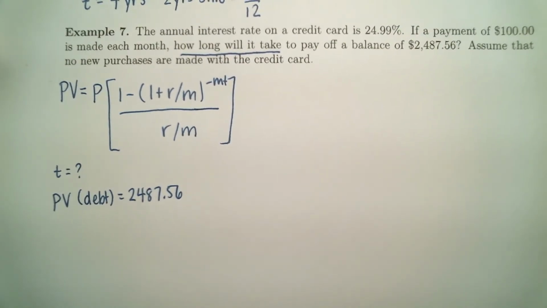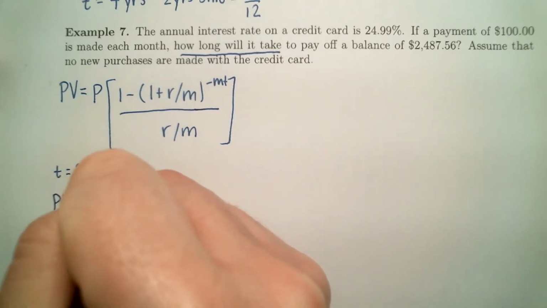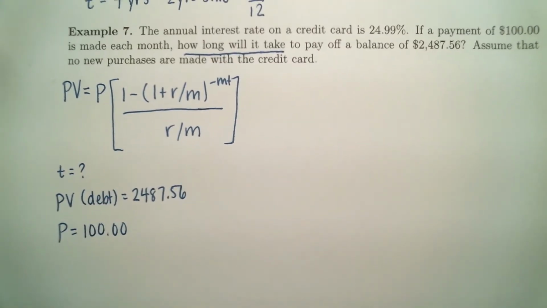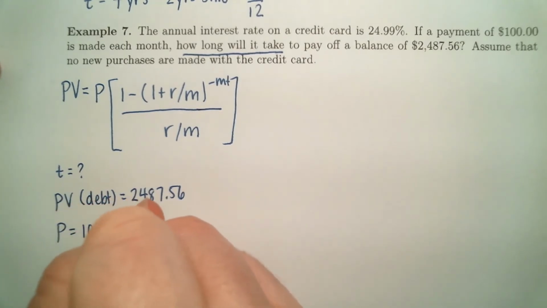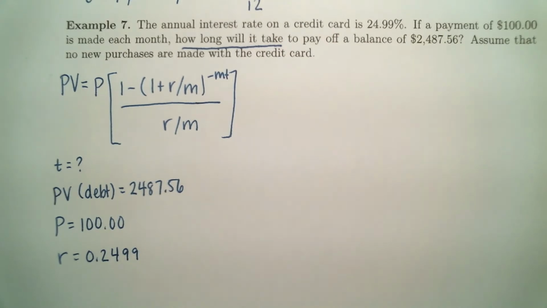Think about it as how much you currently owe, or presently owe. The P-value is going to be the payment you're going to make. You're making regular payments of $100. The interest rate is very high, 0.2499. Like I said, that is a very realistic interest rate for things like furniture, clothing.